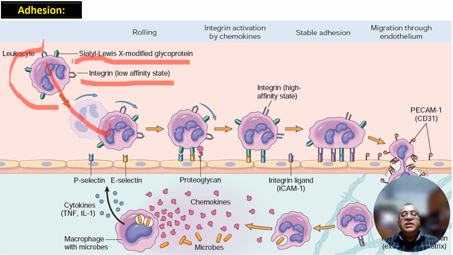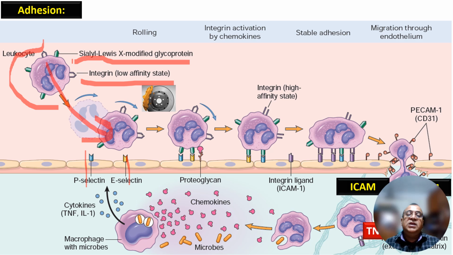When it is marginated, the rolling starts. It is marginated by the action of TNF and interleukin 1 that induces the expression of P-selectin and E-selectin on the endothelial surface. And with this expression, there is application of the brake on these cells.